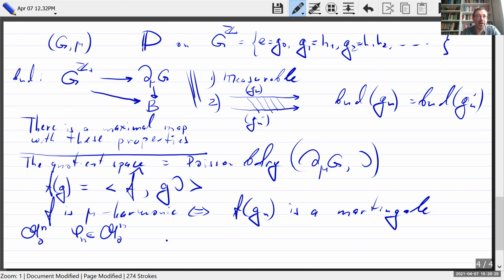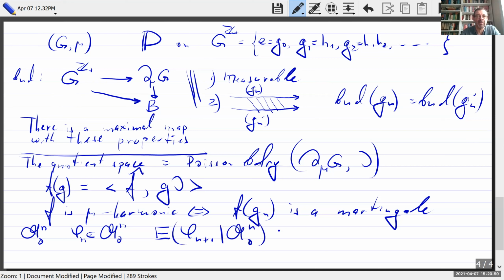And then this sequence is called a martingale if it satisfies the following property. We take the expectation of the function phi n plus 1 with respect to the previous sigma algebra.